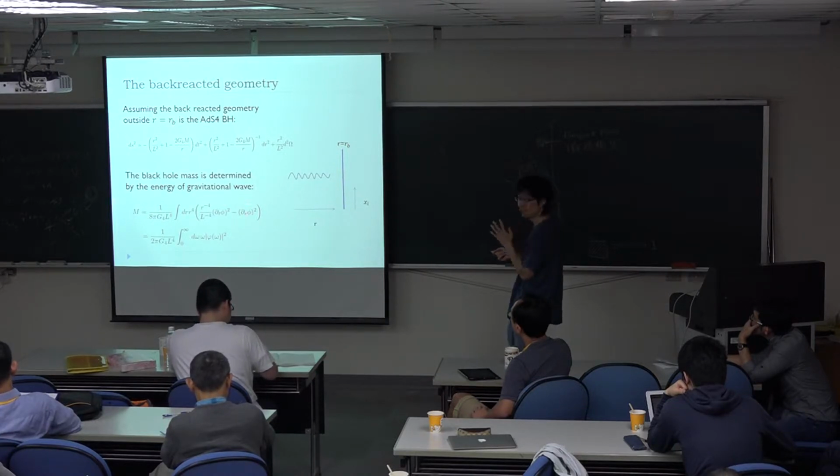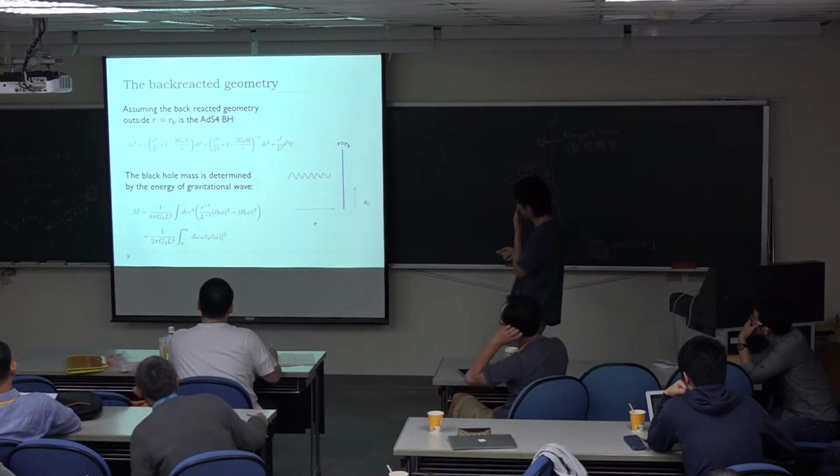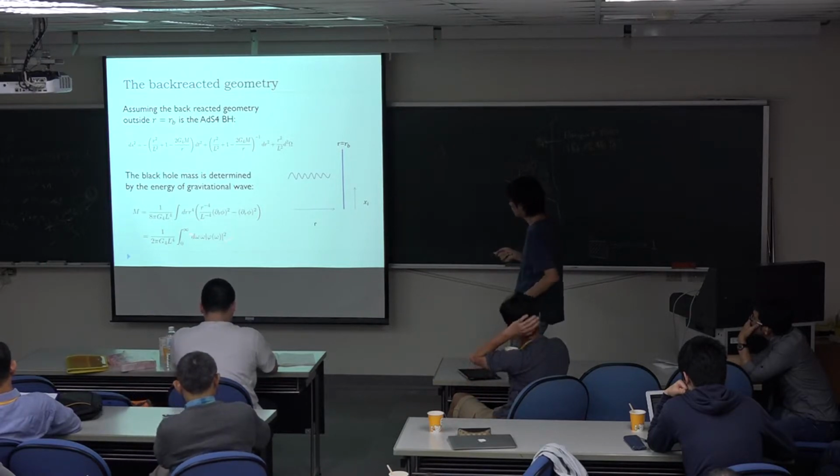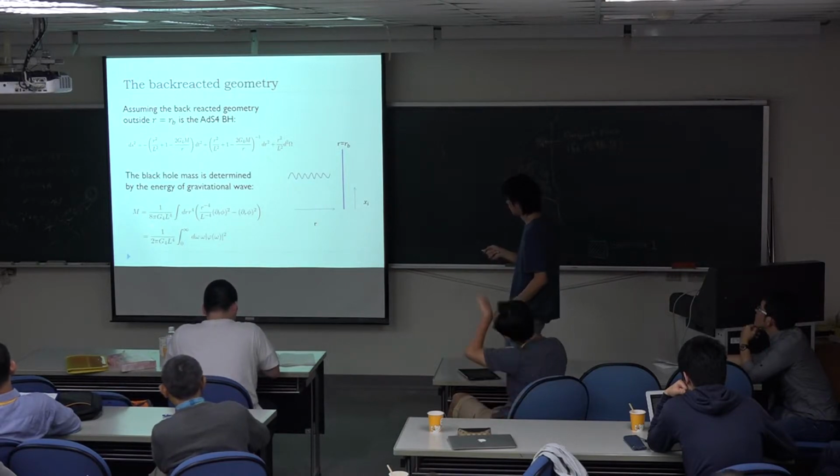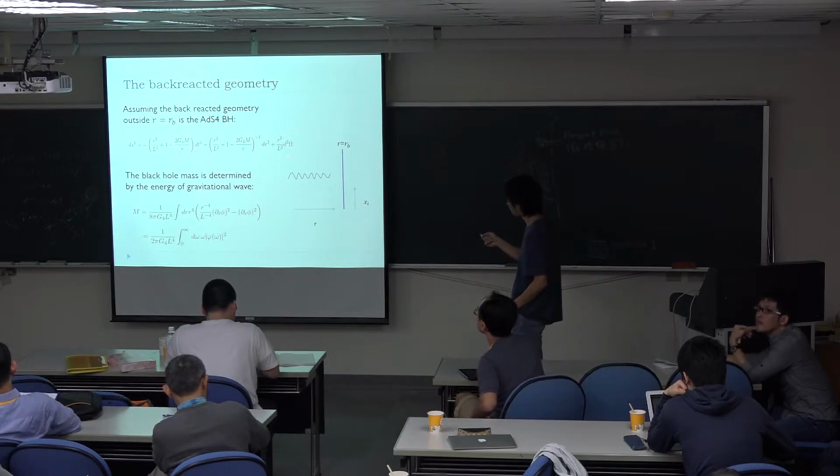Because we already have the solution for the gravitational wave, you can calculate the energy coming from it. Perturbatively, you can calculate this energy, and we identify it as the black hole mass.